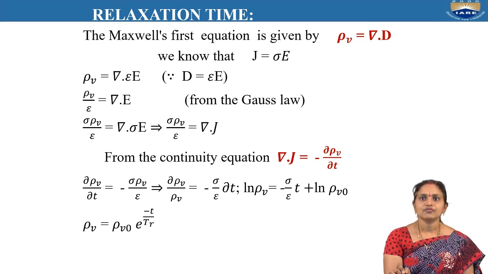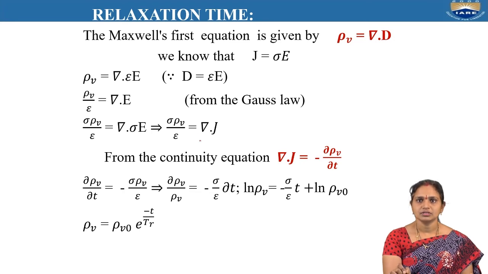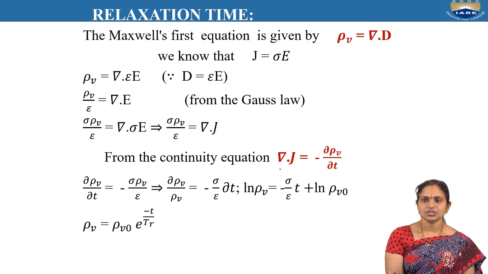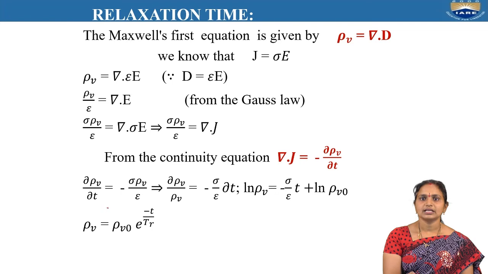And we know the meaning of del dot J from the continuity equation. From the continuity equation, we can replace del dot J with minus d by dt of rho_v simply. So now the right-hand side I replace with minus d by dt into rho_v. Then the earlier equation becomes sigma into rho_v by epsilon equal to minus ∂rho_v by ∂t.